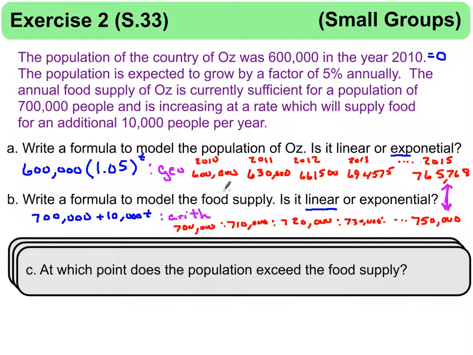Because if we look at previous years, 600,000, 700, 630, 710, 661, 720, 694, 730, but this one, 765, 750. And so at that point we end up with a population problem because we no longer have a food supply that can support this particular piece in that design.